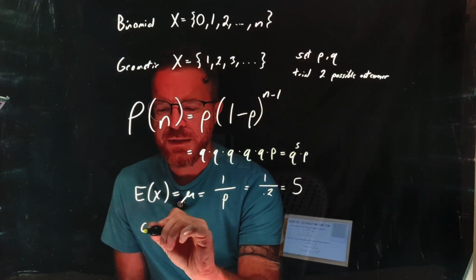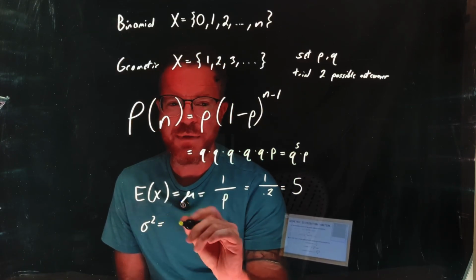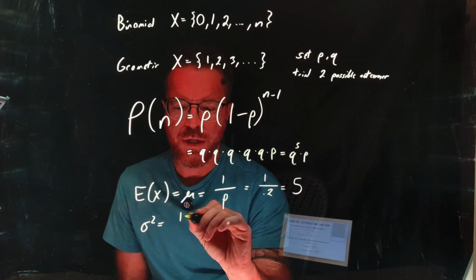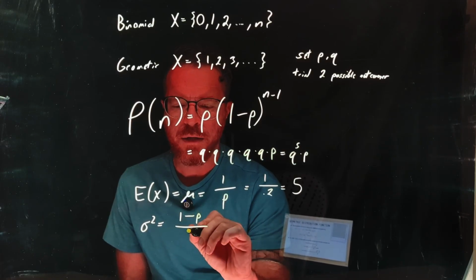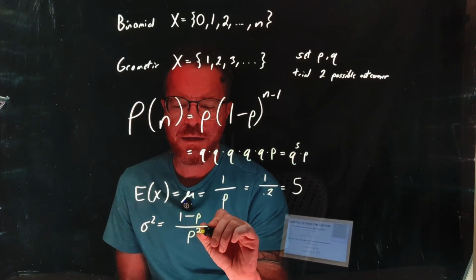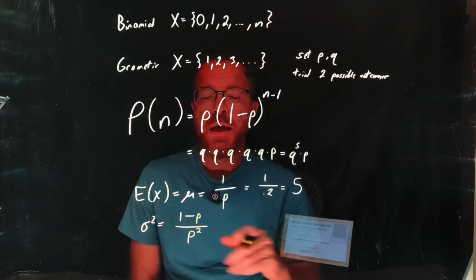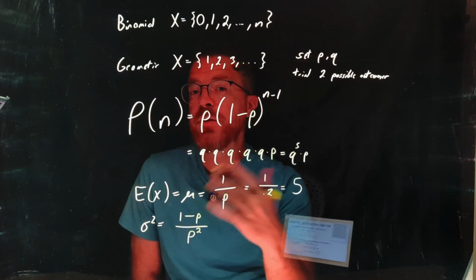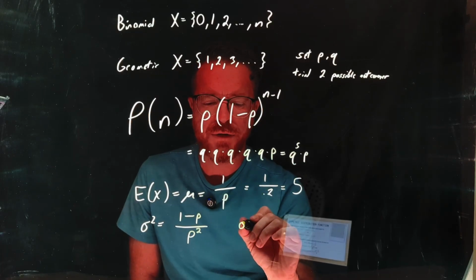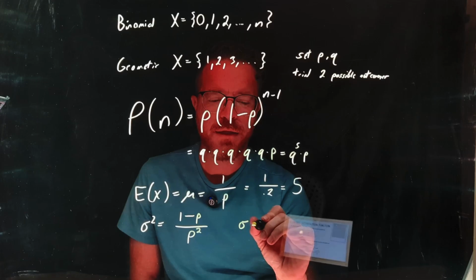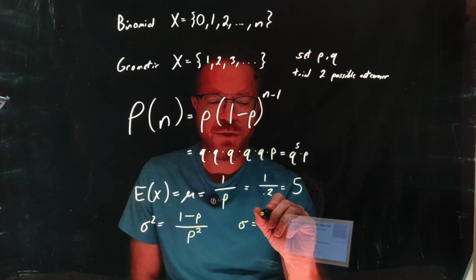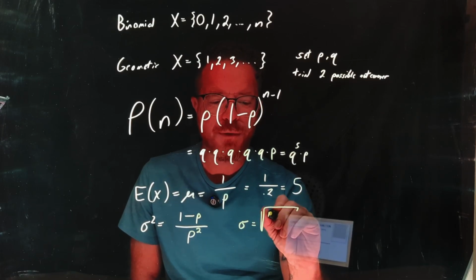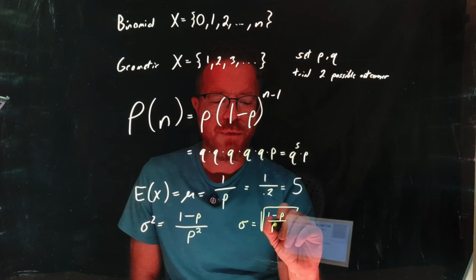Now, the variance, sigma squared, can be found with (1 minus p) over p squared. And then the standard deviation is just the square root of this. So if we take our standard deviation, sigma, I'm going to take the square root of the whole thing, so (1 minus p) over p squared.